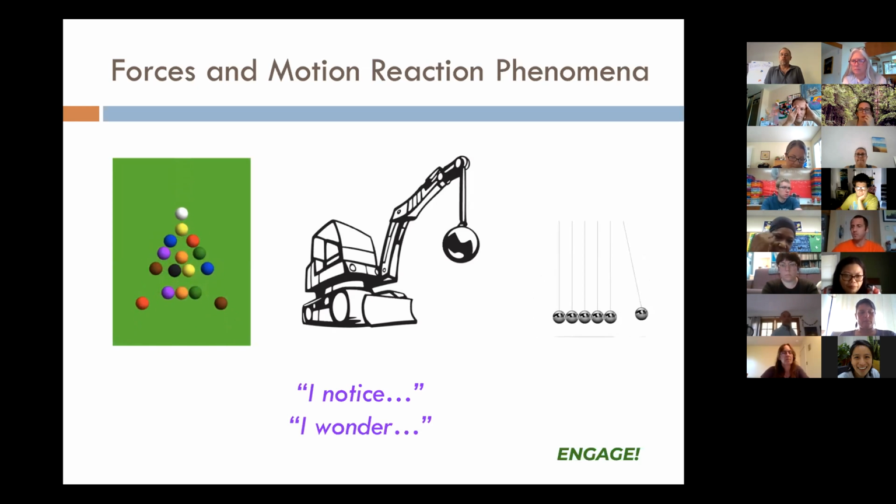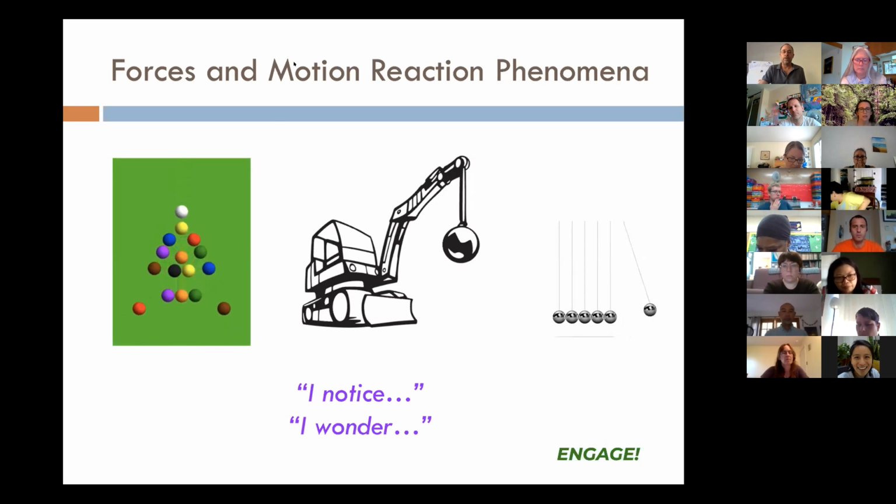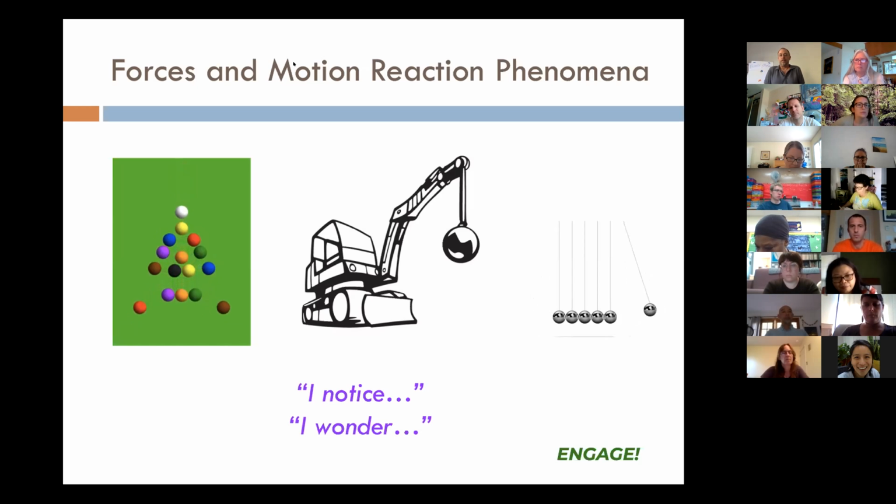What do you notice or wonder about anything you're seeing on the screen? If you have your notebook handy, jot these down in your notebook, and feel free to include them in the chat. Any ideas about what you notice or wonder about these images and how they might relate to forces in motion? We'll just spend a minute or two here.